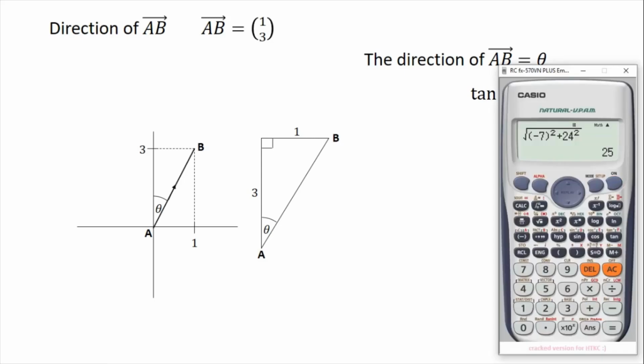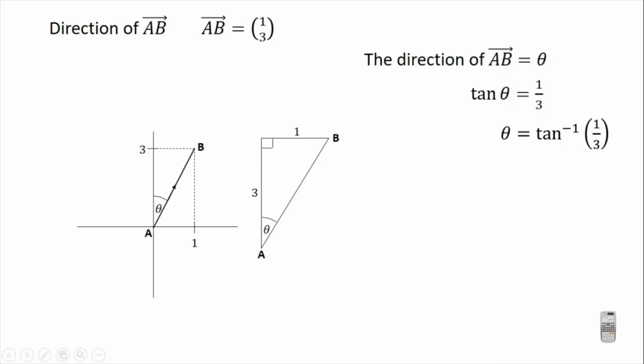So you switch on your calculator, you press shift tan 1 over 3, then you close the bracket. You are going to have 18.434. The number goes on, but the question told us to leave our answer in 1 decimal place, so we are going to have 18.4 degrees. So we can say that the direction of the vector AB is 18.4 degrees.